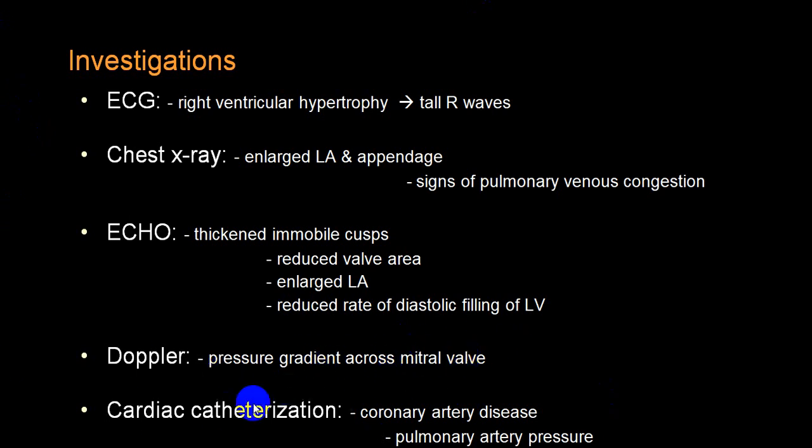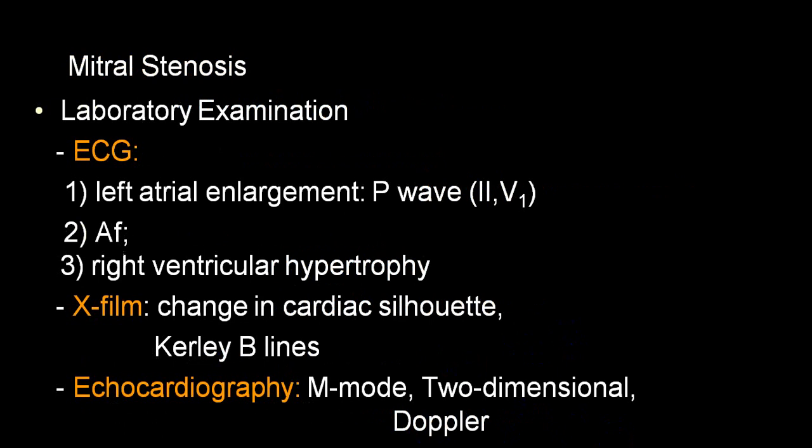Cardiac catheterization mainly is utilized to find out the severity of coronary artery involvement and pulmonary arterial pressure and severity of other valvular structure involvement also, prior to surgery. ECG we have already mentioned: big left atrial enlargement, that is a broad and notched P wave, which is very classically seen in lead 2.